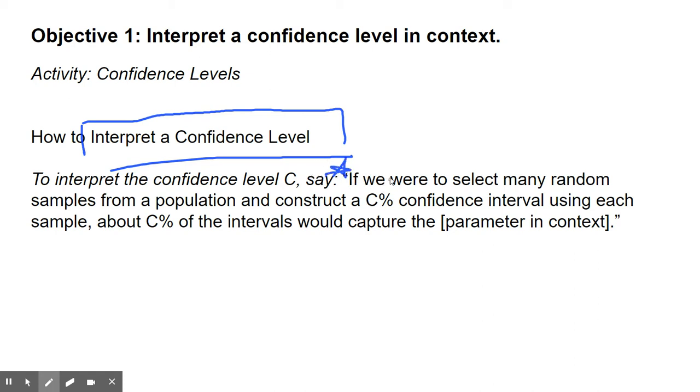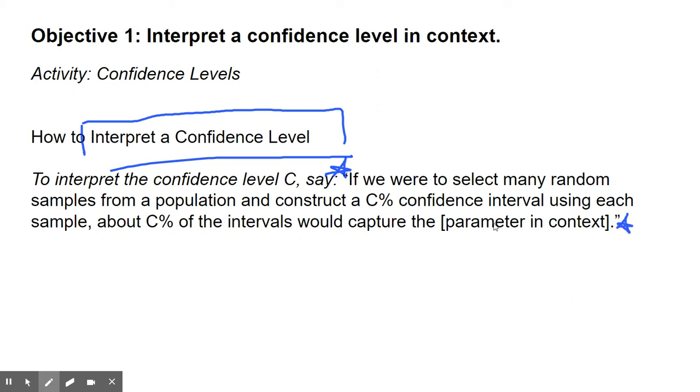If we were to select many samples from a population, and construct a C% confidence interval using each sample, about C% of the intervals would capture the true value. Okay, so this one's a little bit more wordy.